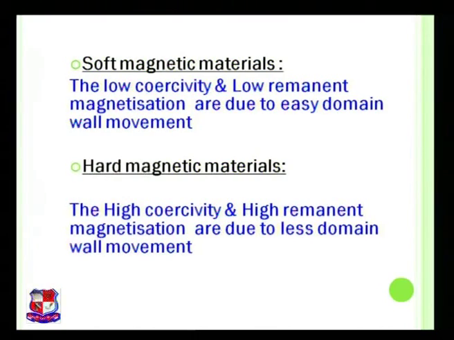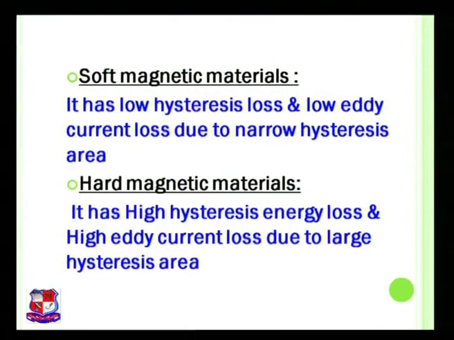So let us move towards the next point of soft and hard magnetic materials. It has low hysteresis loss. My dear friends, if the area of the hysteresis cycle is narrower, the hysteresis loss will also be very low. If the hysteresis loss is very low, that means the energy loss is very low and the eddy current loss will also be very low.